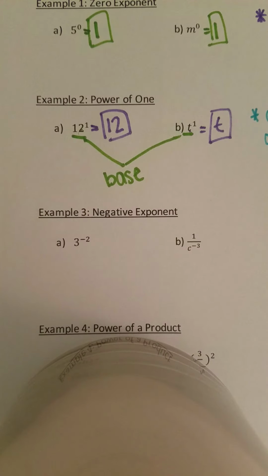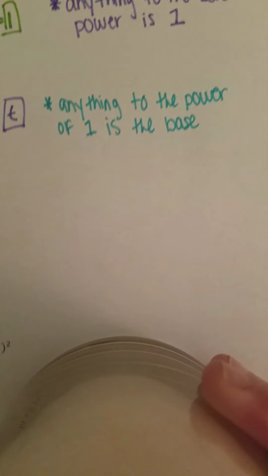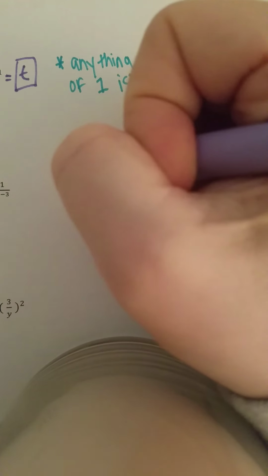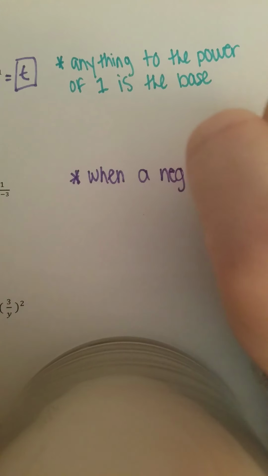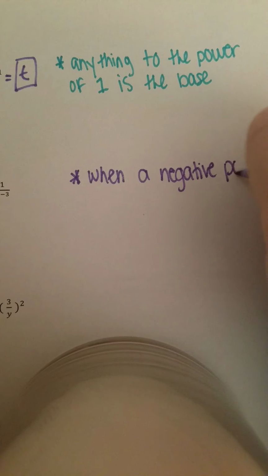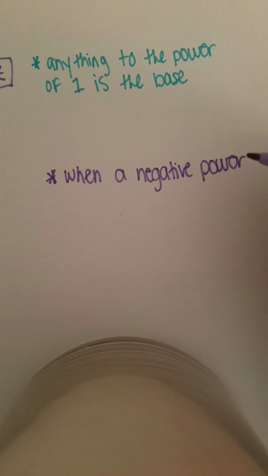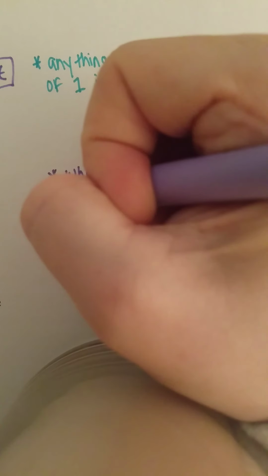All right, now we're going to look at negative exponents. And so we're going to go off to the side. We're going to write another note. And so this note is going to say: when you have a negative power, flip it to the top or the bottom.